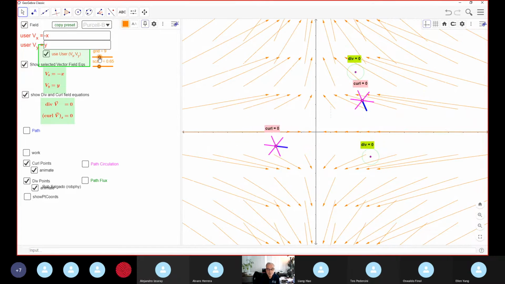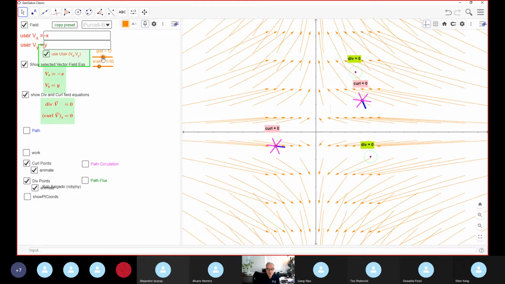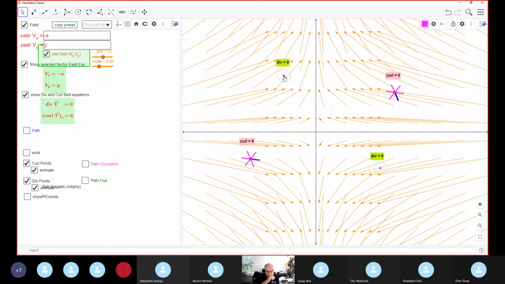Let me see. Okay, in this case, you see that both are 0. The curl is 0, and divergence is 0. So now it's irrotational. We have the potential function. We can compute the potential function. Also it is source-free. See, source-free and conservative together is potential flow. Do you see? Let's see another example.